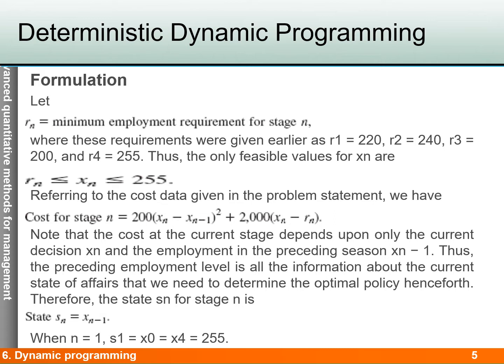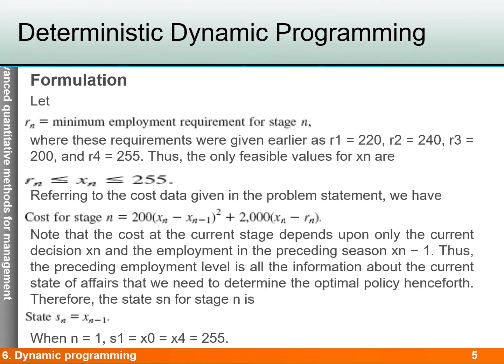From the other side, we saw that the maximum number possible is 255, that is for spring. As I told you, it's not worthwhile to have more than that 255. So the selected number of employees for each of the seasons should be something between this minimum and this 255 as a maximum.